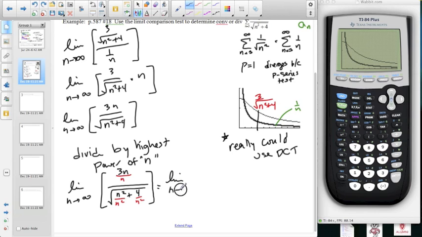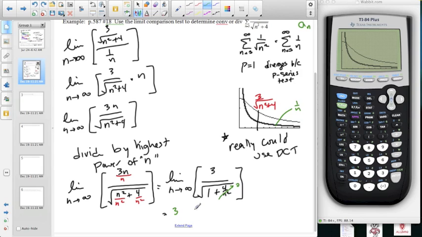And so the limit as n goes to infinity then, this ends up being 3 over the square root of 1 plus 4 over n squared. And so now I no longer have an indeterminate form. As n goes to infinity, this portion goes to 0. So I end up with 3 over the square root of 1, which is just 3.